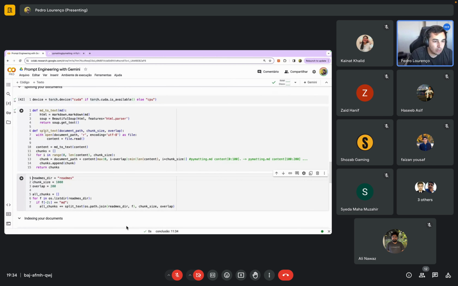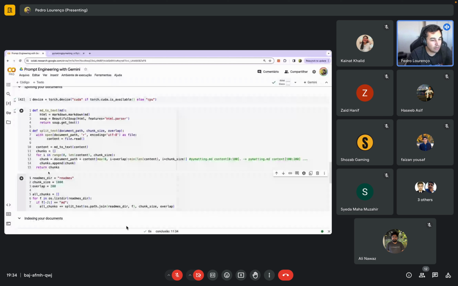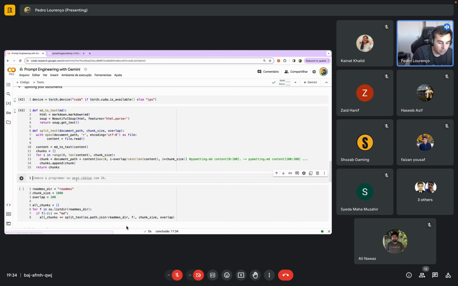Imagine that you have a sliding window: we start from 0 to 1,000, then the next one goes from 200 to 1,200. We want some overlapping because it's very useful when you don't want to break a sentence in the middle.